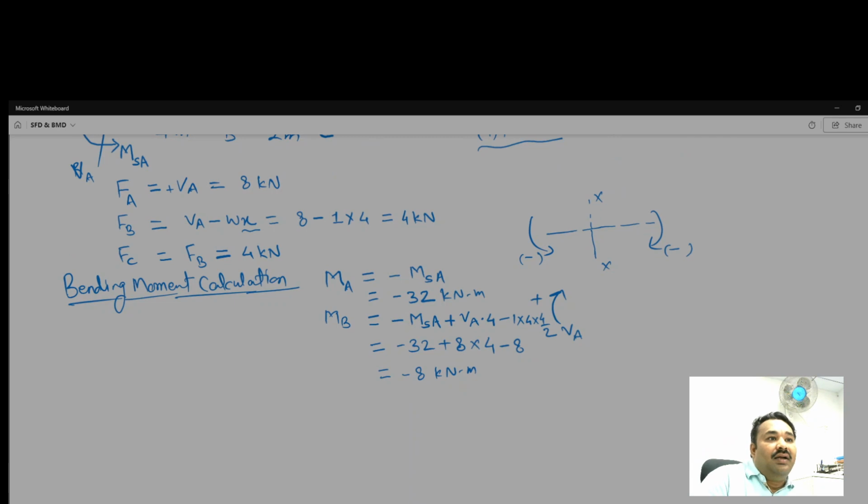Okay. And what about at C? So MC is equal to what?